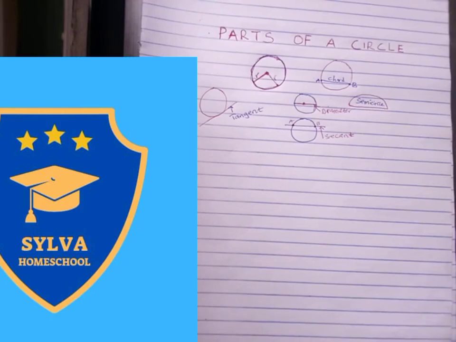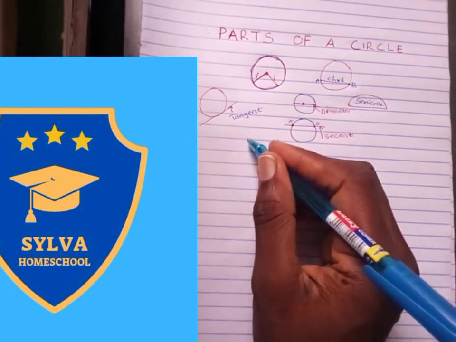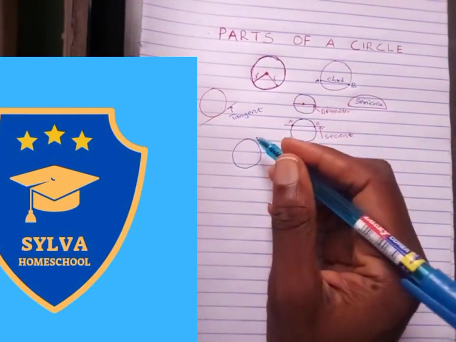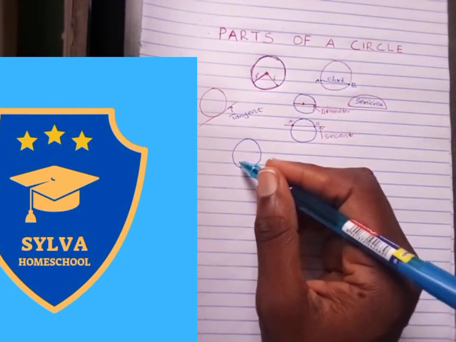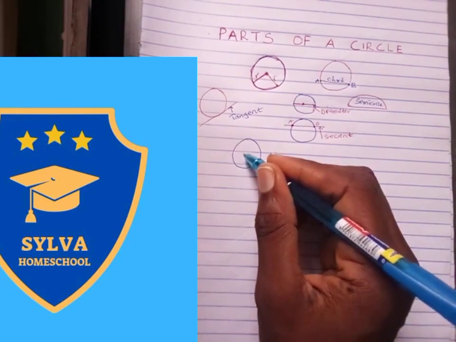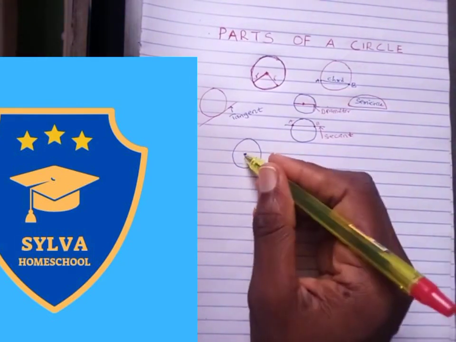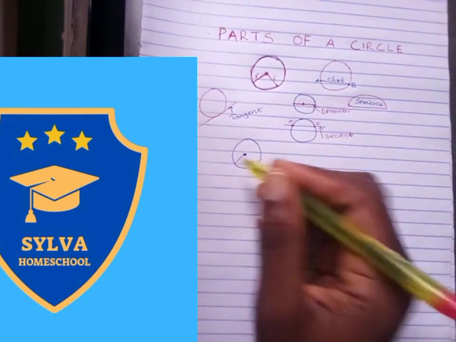Now let's look at other parts of the circle. Sector of a circle. The sector of a circle is a part of the circle that is bounded by two radii. Let's take here to be the center of our circle. And this is a radius.